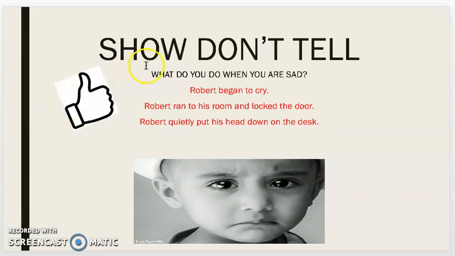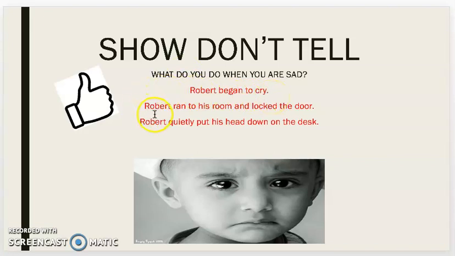So the first thing we can think is, what do you do when you are sad? So think to yourselves, what do you do? Here are some things I think we all do. So instead of saying Robert was sad, I can say Robert began to cry.